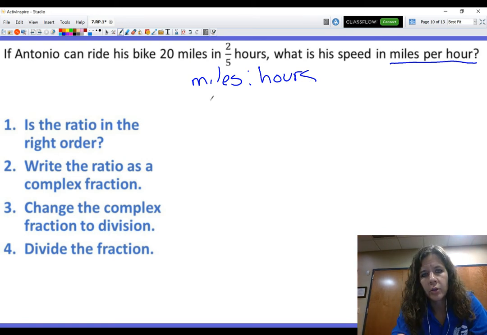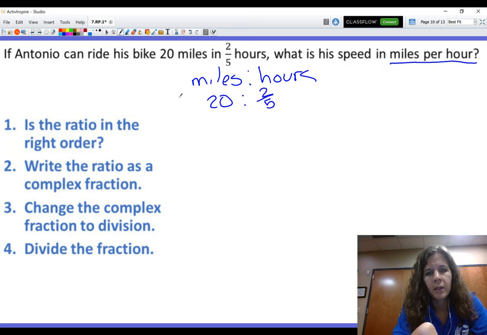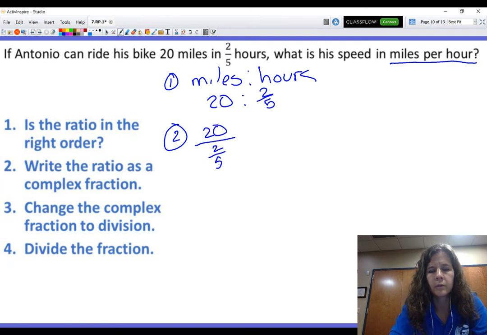So our original ratio is 20 miles to 2/5 hours. Okay, that's step 1. Step 2, write the ratio as a complex fraction. So we have 20 over 2/5. Okay.